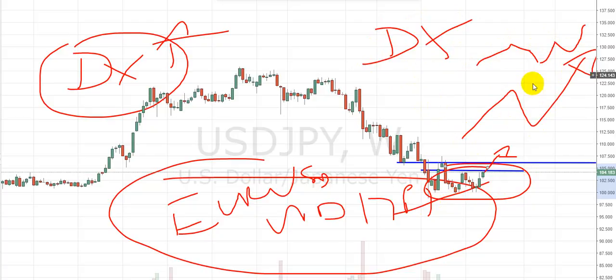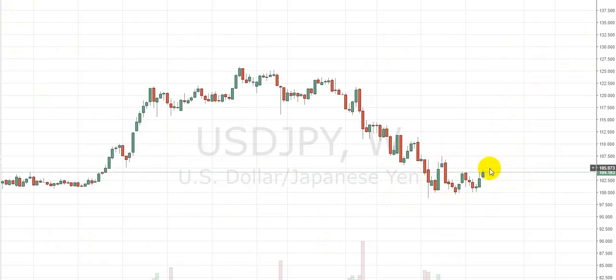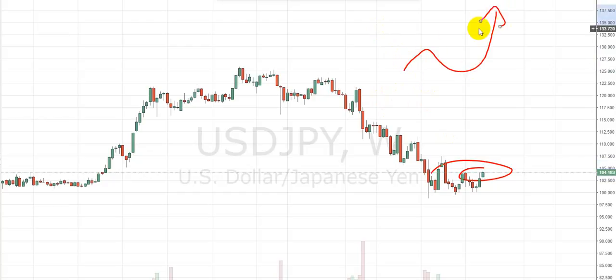But right now, it's all about dollar yen, because we are right now under the strong supply, under the strong resistance on the weekly chart, right? So the dollar yen move may stall around this level, so it may delay a bit the rally on dollar index.